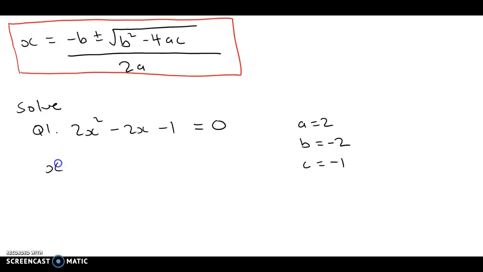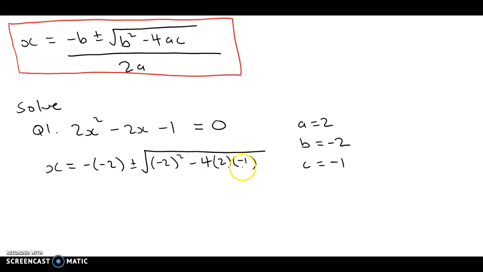So x is equal to minus b, so that's minus minus 2, plus or minus the square root of b squared, so minus 2 squared, minus 4 times a, which was 2, times our c, which was minus 1, all over 2a, so 2 times 2.